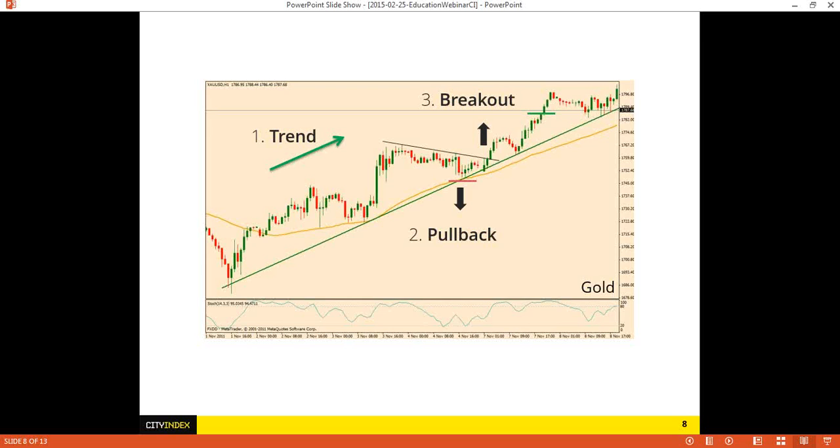Now, that being said, all of the principles that I'm talking about today and in the next several weeks, all of that can work on all the different time frames. Okay, so whatever indicators you're looking at, chart patterns, the trend, breakouts, pullbacks, etc., these work on all the different time frames. Okay, so let's move forward real quick.